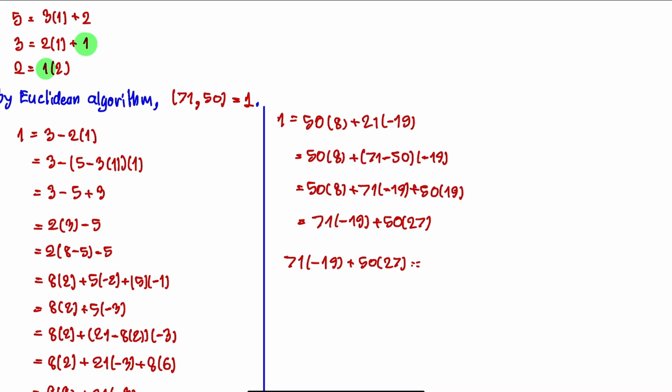It turns out to be, let me calculate 71 times 19. We have 1349, so it's minus 1349 plus 50 times 27, which is 1350. And it turns out to be 1.